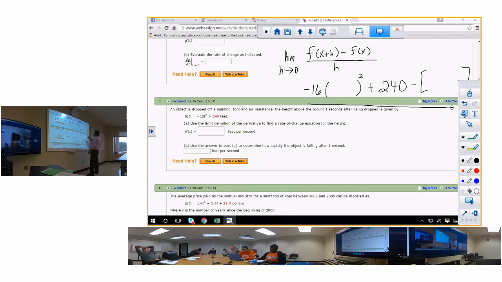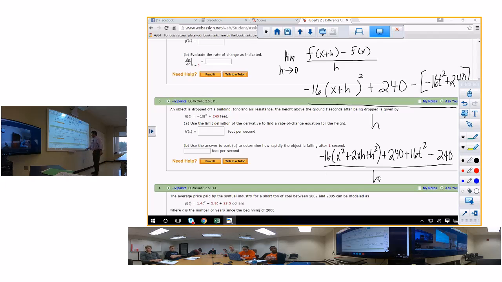Over h. And what do we plug in here? x plus h, and this is negative 16t squared plus 240. So, negative 16 times x squared plus 2xh plus h squared plus 240 minus negative 16t squared minus 240, check my signs, over h.